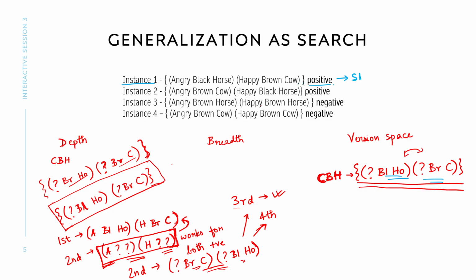Now the next step: my next example is also positive. First I check whether it is positive or negative. I'll generalize S1 so that this positive instance is also accounted for, creating as many generalizations as possible. So I can go question mark black horse, question mark brown cow.